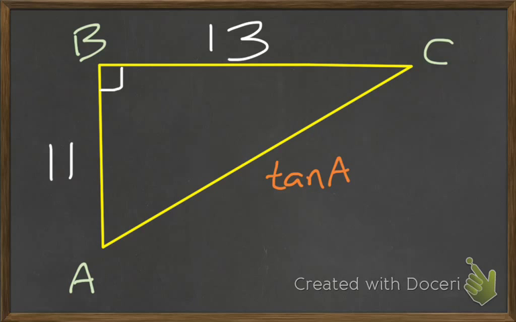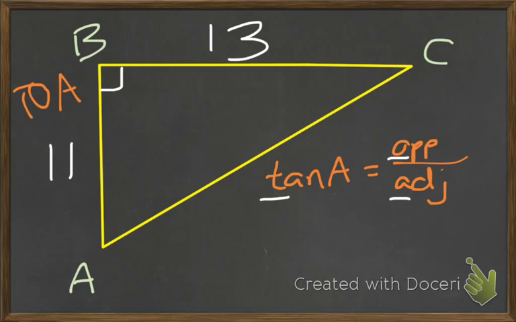Okay, so tan A, again, is the opposite, which I'll write as OPP, over adjacent. Again, TOA, T-O-A, right? So always remember TOA. Tangent equals opposite over adjacent. So what's the opposite side length to A?